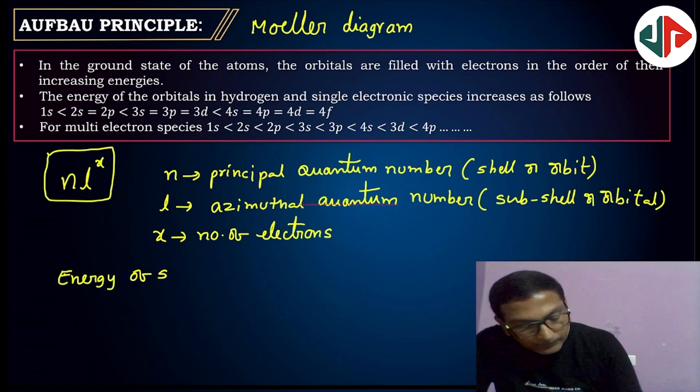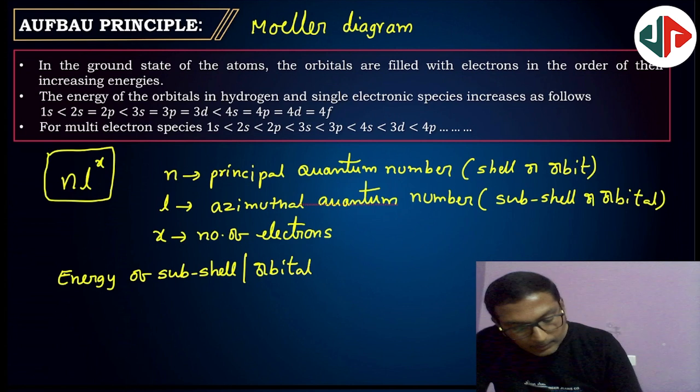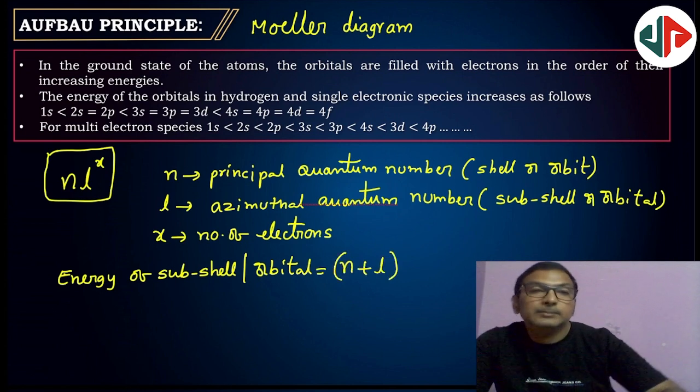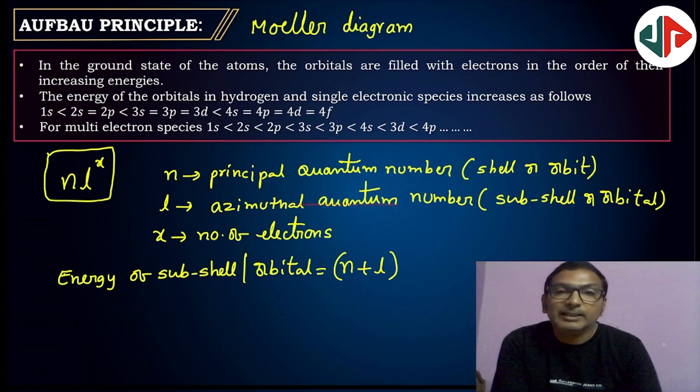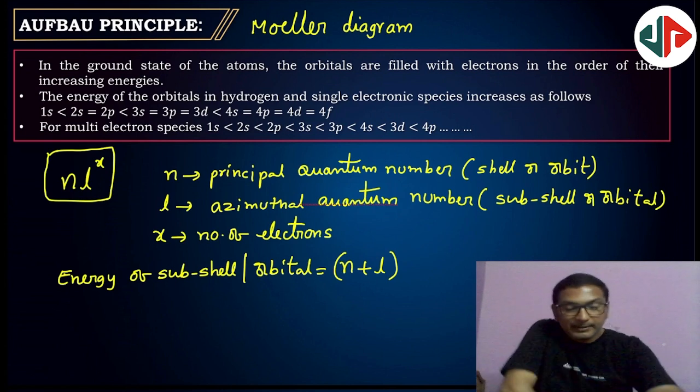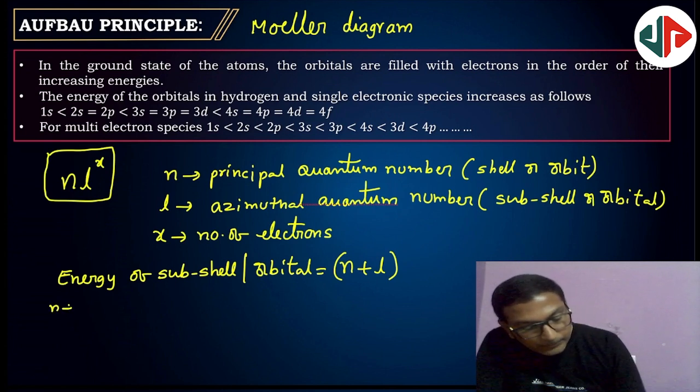Energy of subshell or orbital equal to n plus L. So how to calculate energy of subshell or orbital means n plus L. As the n plus L value increases, energy increases.